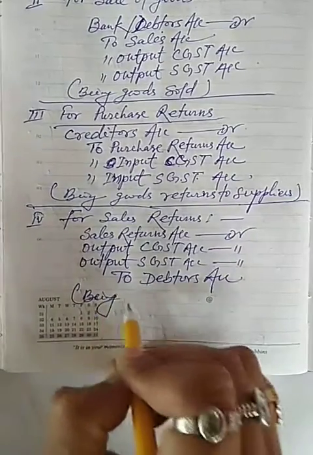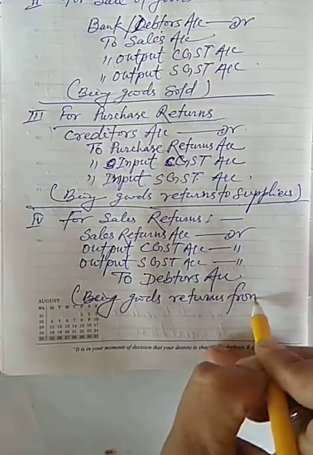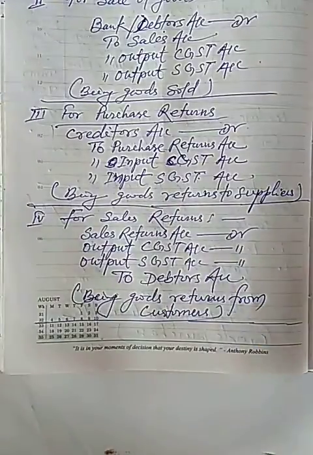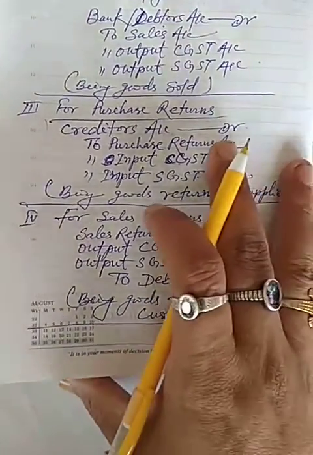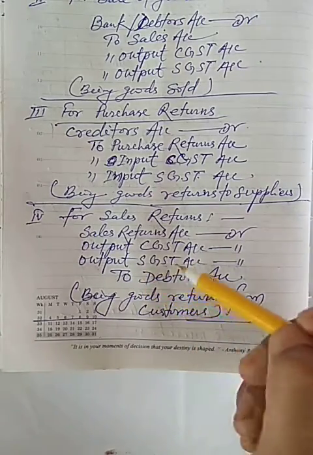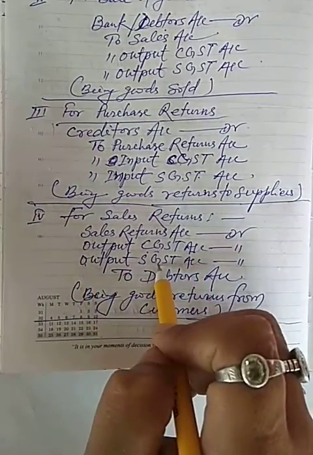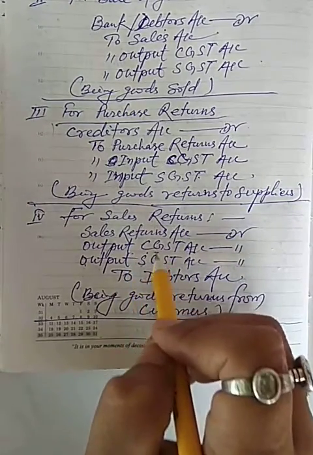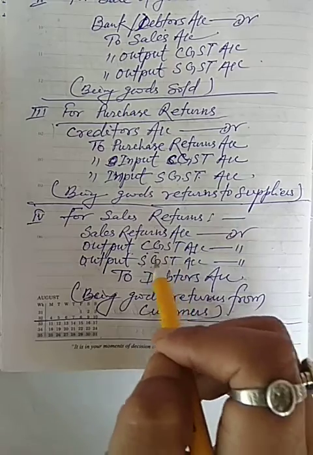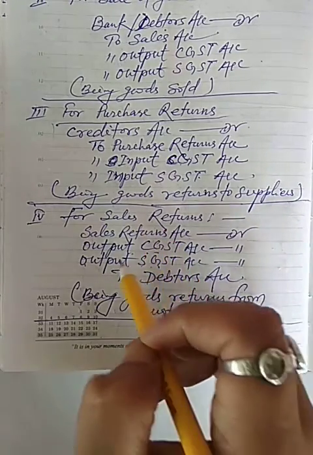Being goods returned from customers. I have to say that output CGST and output SGST are debited because at the time of sale, output CGST and output SGST accounts were credited. So now they will be debited.